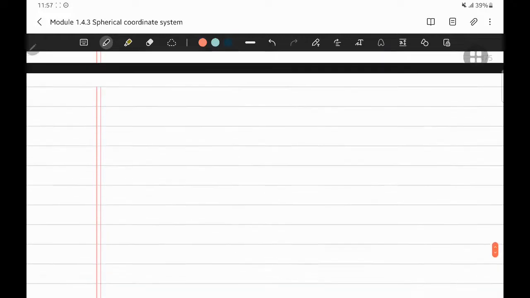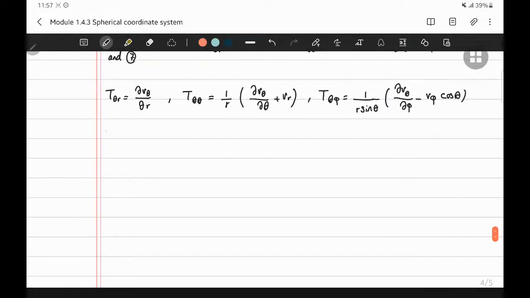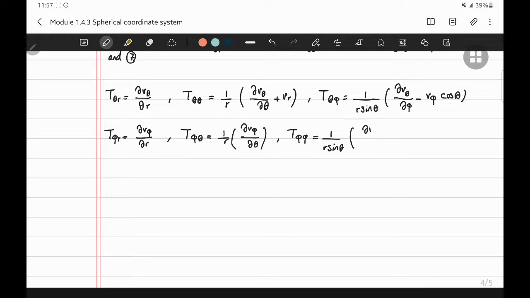And then we have T_phi r equal to the partial derivative of v_phi with respect to r. T_phi theta is 1 divided by r times the partial derivative of v_phi with respect to theta. And then T_phi phi is equal to 1 divided by r sine theta times the partial derivative of v_phi with respect to phi plus v_r sine theta plus v_theta cosine theta.